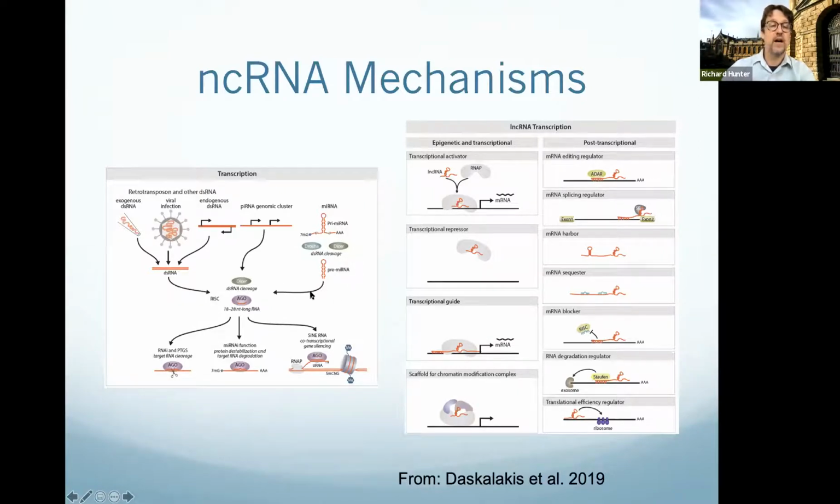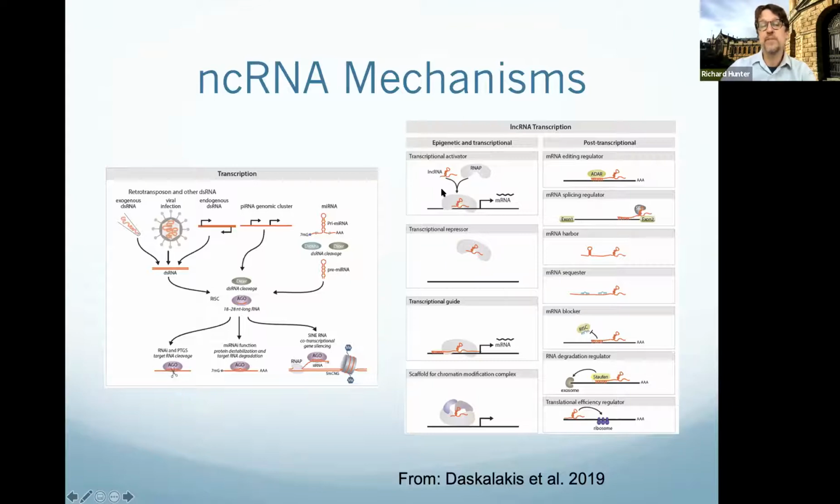One of their major functions is to suppress the expression of viral RNAs in the cell. So they're part of the cellular immune system, but they also have regulatory functions in determining which genes transcribe RNAs and which RNAs actually become proteins. So they're important for the balance of protein and RNA expression in the cell.